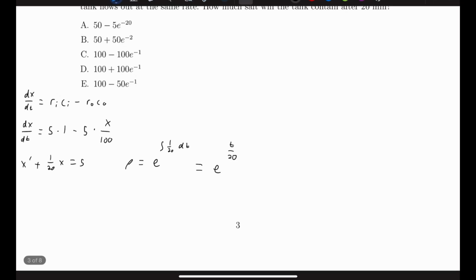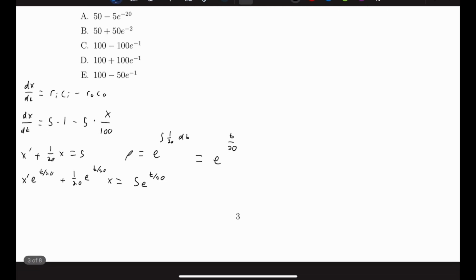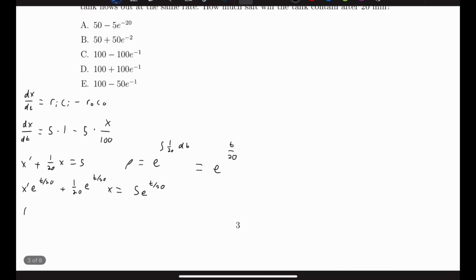Multiply everything here by that, so we have x prime e to the t over 20 plus 1 over 20 e to the t over 20 x equals 5e to the t over 20. Go ahead and recognize your product rule on the left side there, so that is x e to the t over 20, prime, equals 5e to the t over 20.